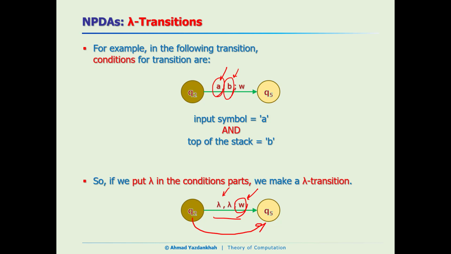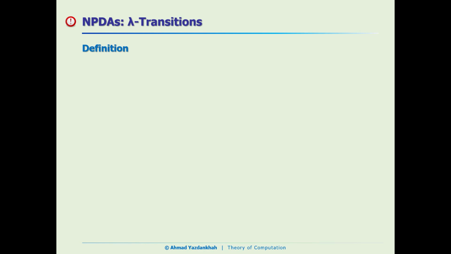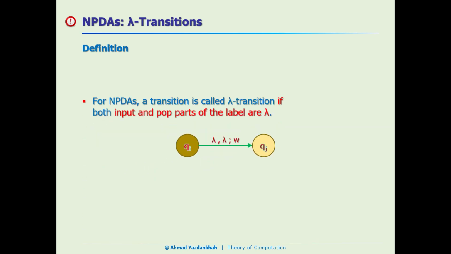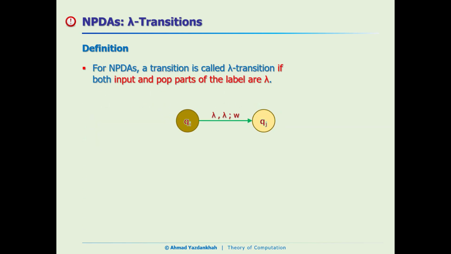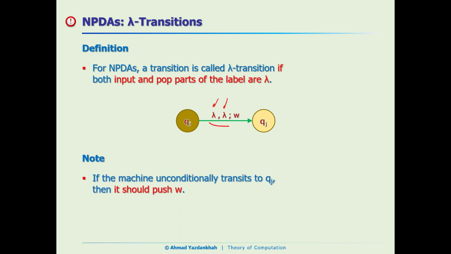Theoretically this is a lambda transition, but in practice it makes the design more complex, and I will explain how to make it a little bit simpler. But before that, what is the lambda transition in NPDAs? Just putting lambda in the input and the pop part.